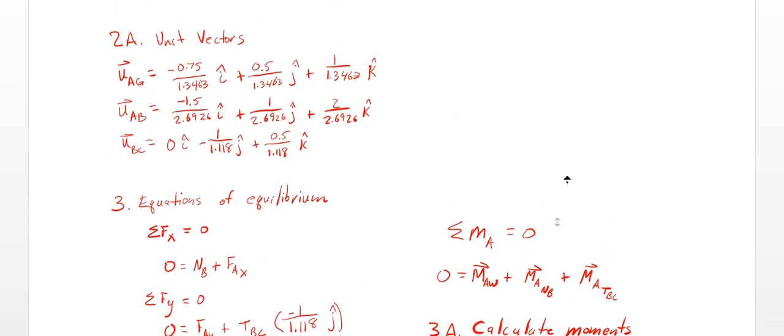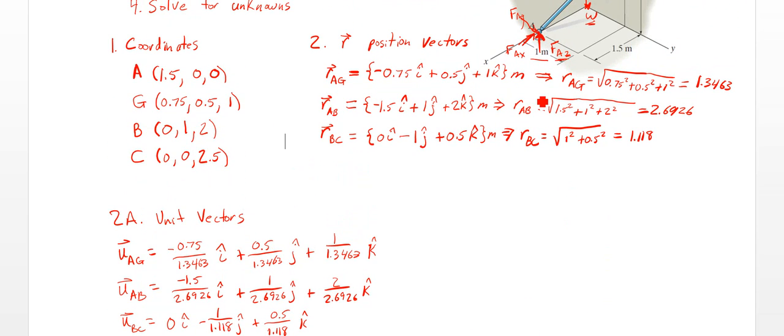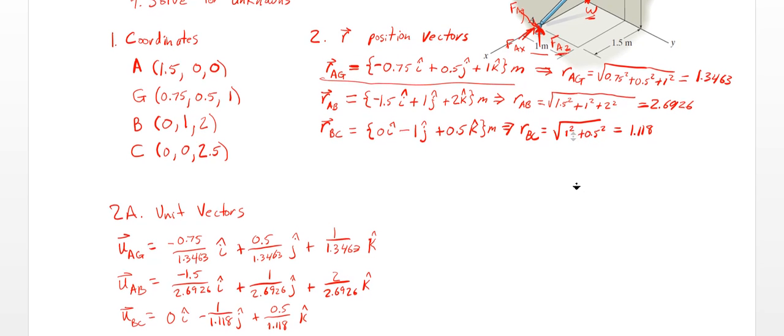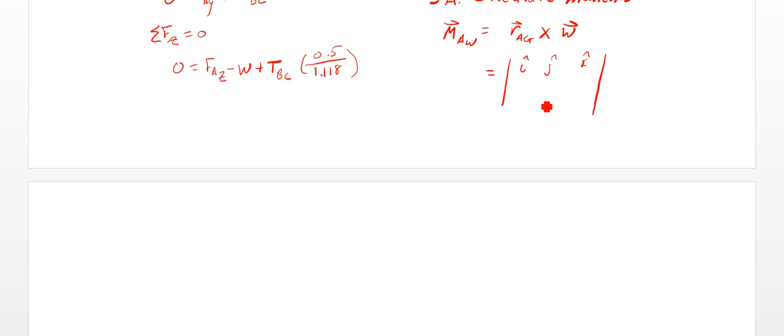It was up here a ways. So here's our position vector that we're going to use for that first part: negative 0.75, 0.5, and 1. And our weight component is going to be 0 here, 0 here. It's 20 kilograms times g, so that's going to be negative 196.2.